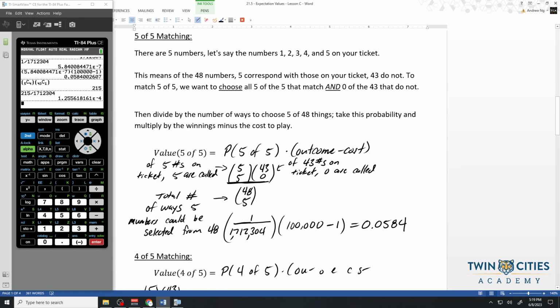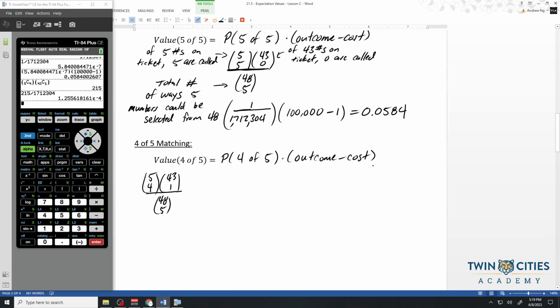Okay, let's use that. And we're going to multiply this to the outcome. Well, the outcome of me getting 4 of 5 right, I win $1,000. Okay, and then it cost me $1 to play. So I'm going to do this times the 1,000 minus 1.